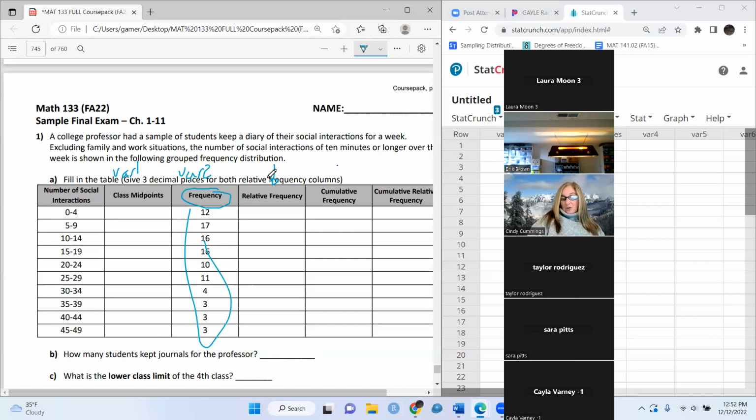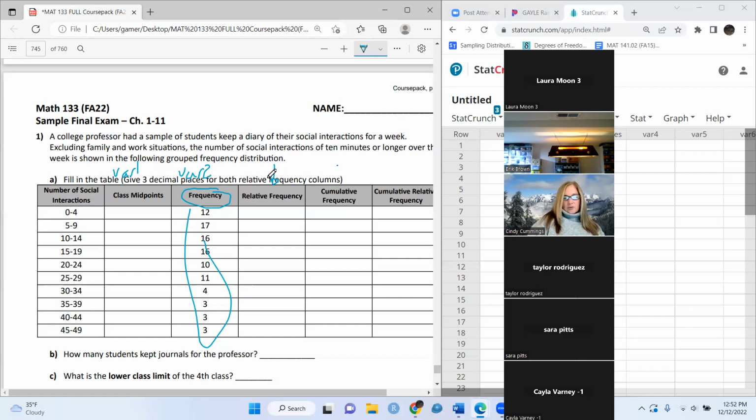Empirical comes from real life data. This one is the number of times a person eats per day, so that's empirical, real life data.